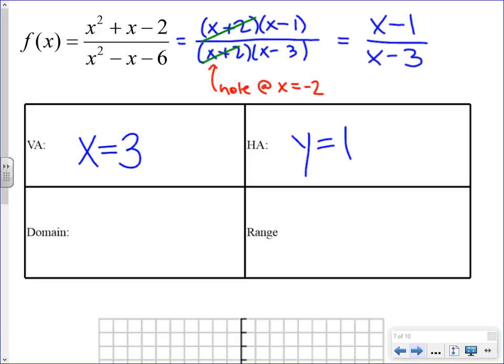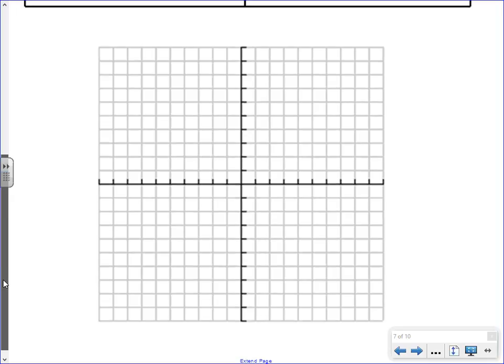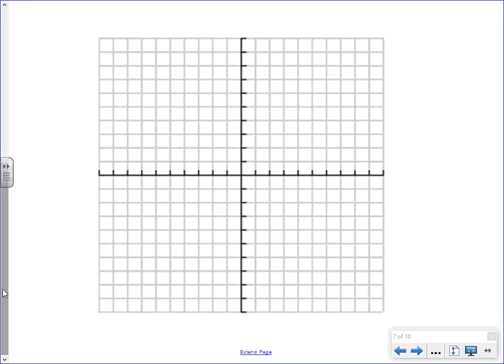So y equals 1 is our horizontal asymptote. Okay, so I'm going to go ahead and draw those in. We have x equals 3 and y equals 1.